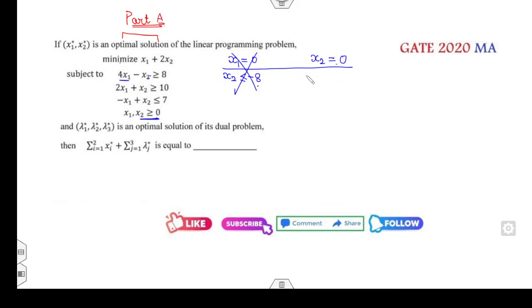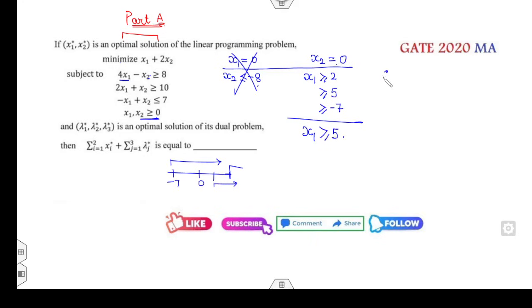If x2 is 0, x1 is greater than 2, greater than 5, greater than minus 7. So what is the meaning? Minus 7 greater than 2 greater than 5 greater than. That implies x1 is greater than or equal to 5.